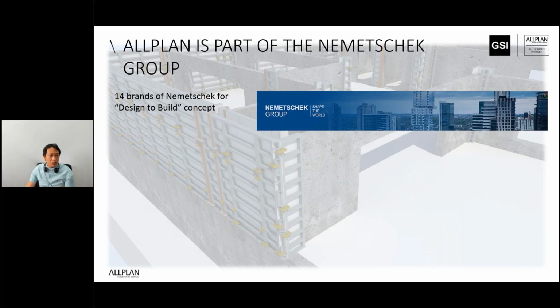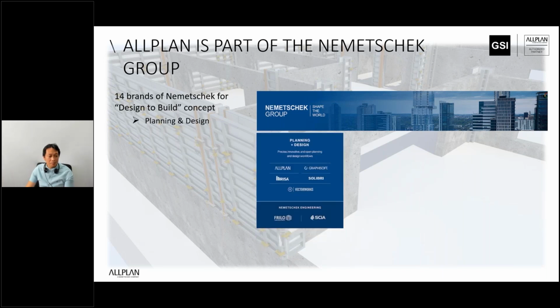In addition to this, Nemetschek has 14 popular brands under its umbrella. From planning and design, we have Allplan, Graphisoft, RISA, Solibri, and also Vectorworks, together with the Nemetschek engineering software.